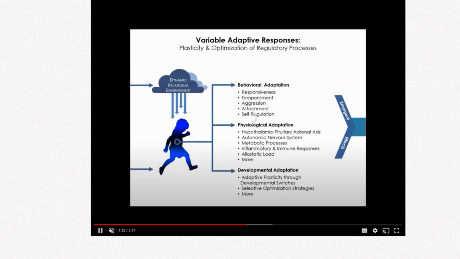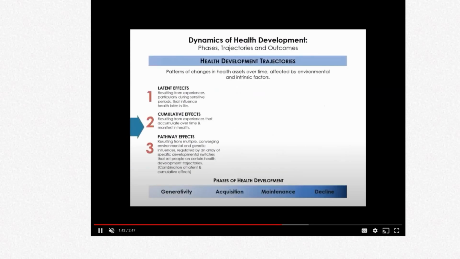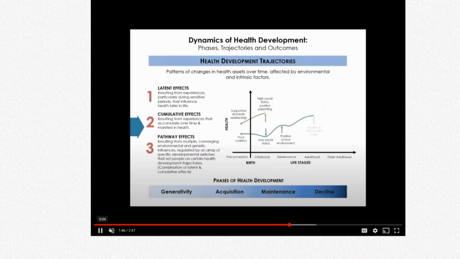And so one of the beauties of this model is that health isn't just the end point, right? Because you can have all of these different trajectory affecting impacts. So say we start off here, preconception level of health is relatively high.